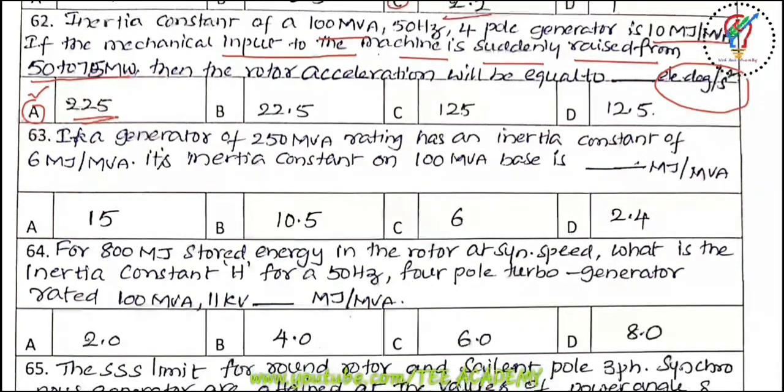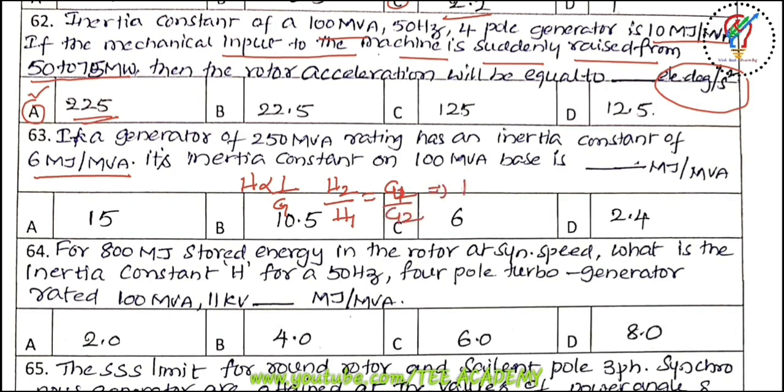Next question. If a generator of 250 MVA rating has an inertia constant of 6 megajoules per MVA, its inertia constant on 100 MVA base will be. Here the inertia constant H is inversely proportional to the rating of the generator. Use the relationship H2 by H1 is equal to G1 by G2.